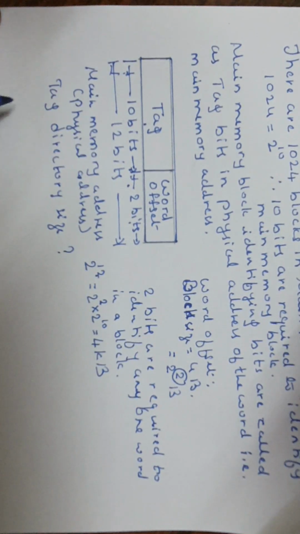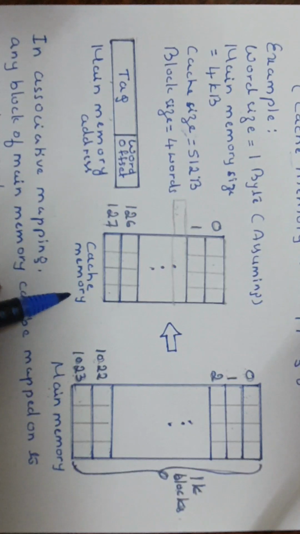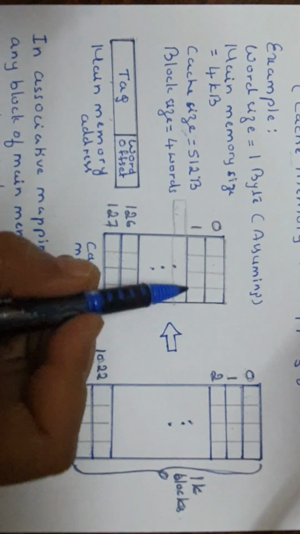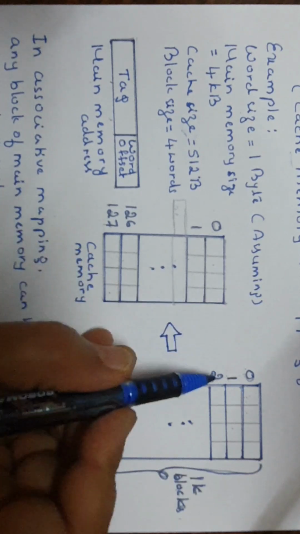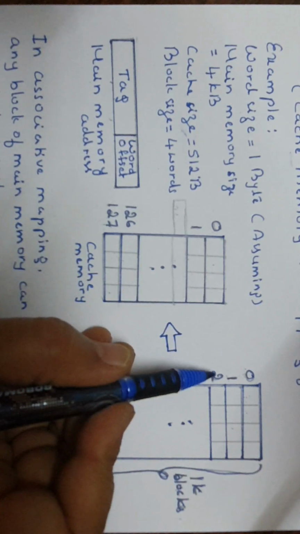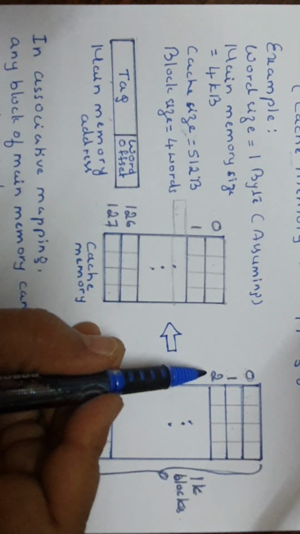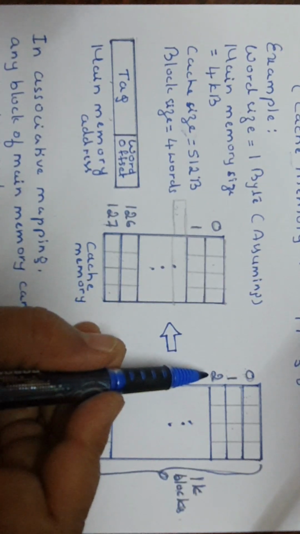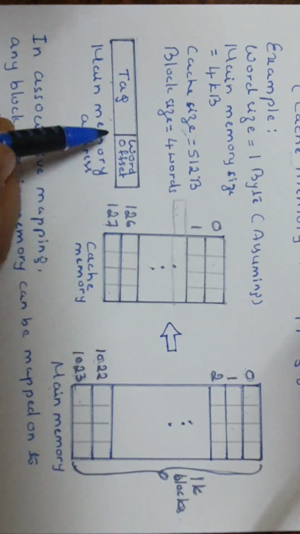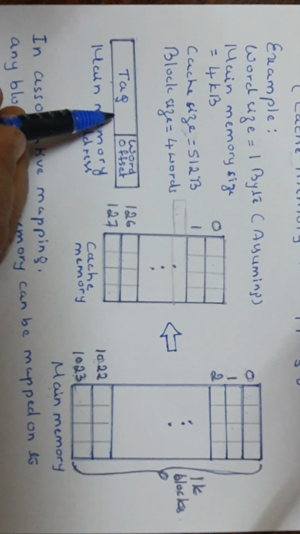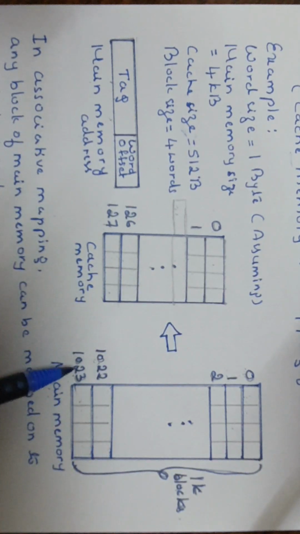Another question that can be asked is the tag directory size. To find the tag directory size, when a main memory block is copied into a cache block, the number identifying which main memory block is copied is called the main memory block number, or it is also called the tag. To identify any one block here, 1024 means 10 bits are required.